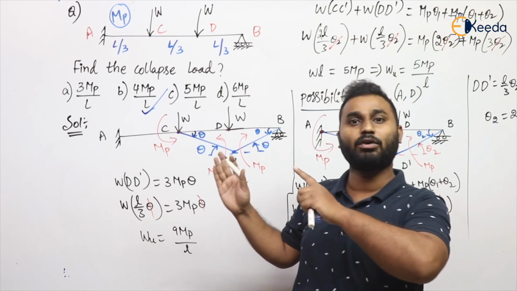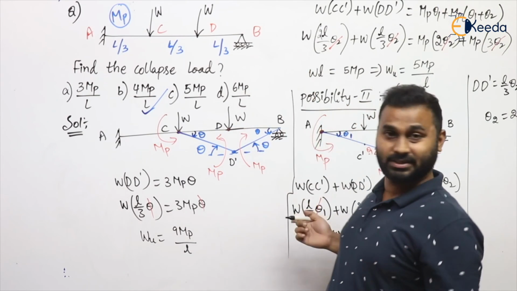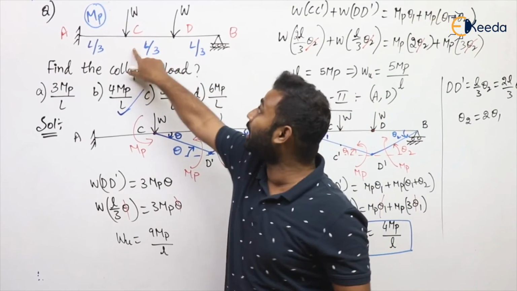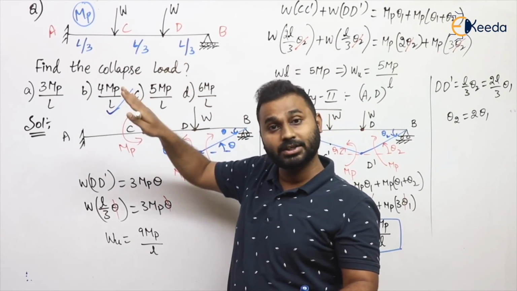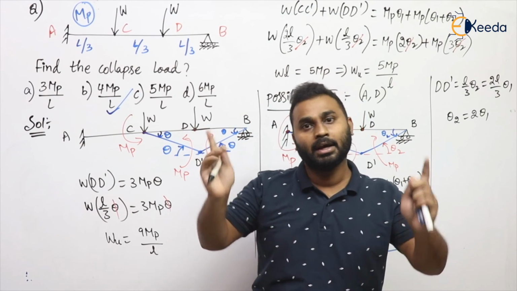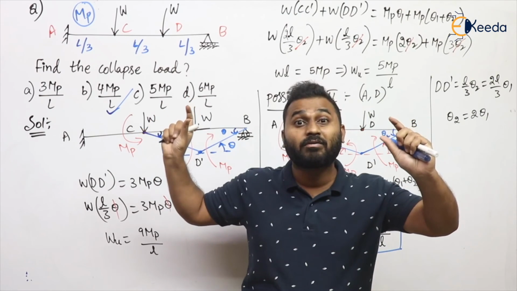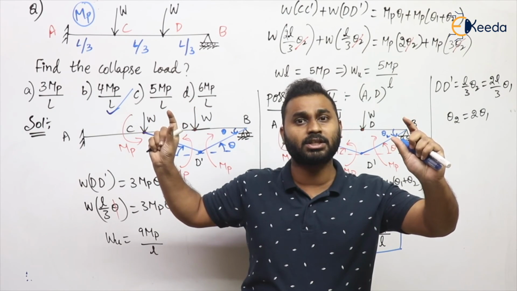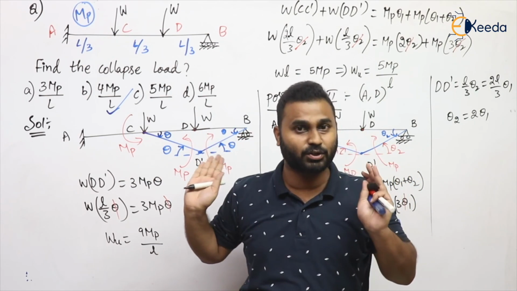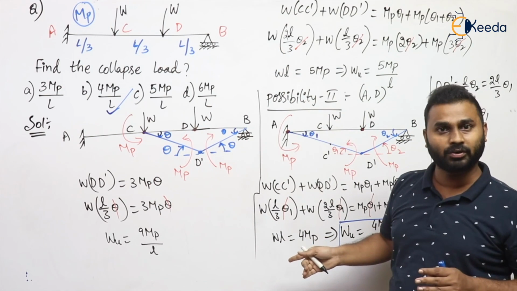In remaining cases, we go for checking possibilities like this, either under this load or this load, or if the cross section changes, we check that possibility also. But wherever fixed ends are there, those locations we first fix for the formation of plastic hinges. So plastic hinges will form at fixed ends for sure, and at remaining locations we check possibilities like this. Is that okay now, everyone? Take this question.